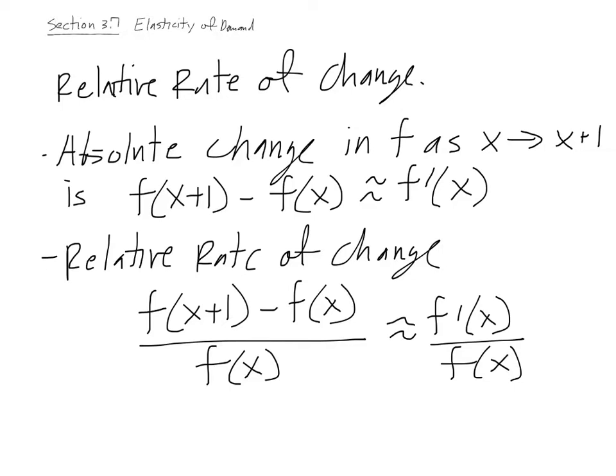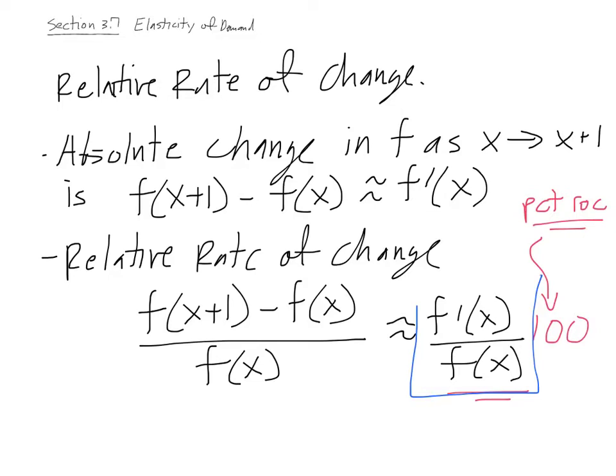And if we want to look at percent rate of change, we just multiply this by 100, because you're going to get probably a decimal here, and so you multiply it by 100 and you get the percent rate of change.